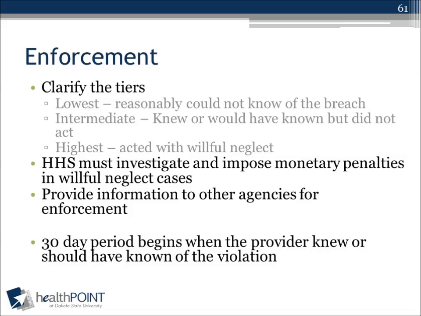So it doesn't just end at enforcement at the OCR level. We now have 30 days to get these notifications in, and that begins when the provider knew or should have known of the violation.